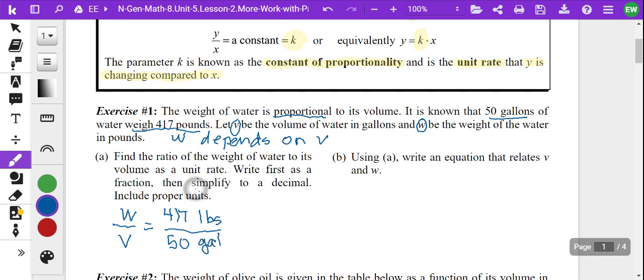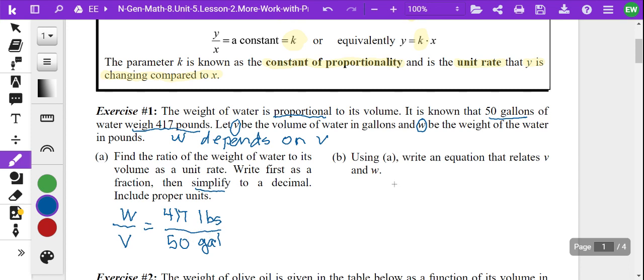So it asked me also to simplify the fraction, but I know that 417 does not divide equally by 5, by 10, by 25, or anything. So this is in its simplest form.